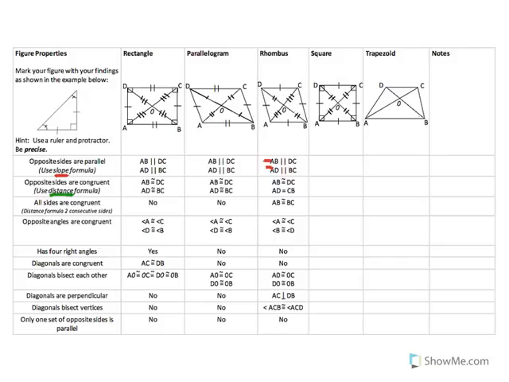However, diagonals do bisect each other. So this piece is congruent to this piece, and this piece is congruent to this piece, but they are not the same measure. Diagonals are perpendicular in a rhombus, so they meet at 90 degrees.